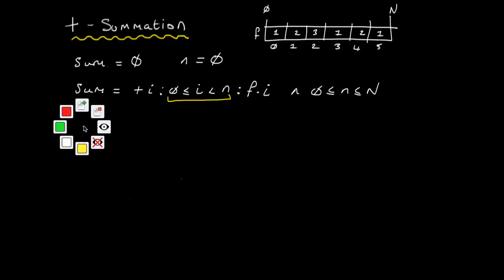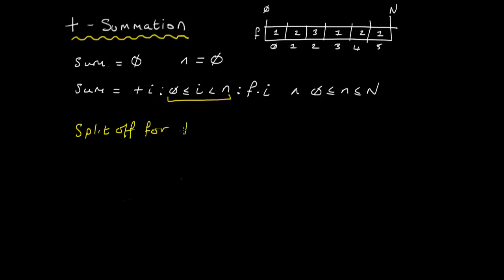So when we split off with a summation operation, we're going to get something like this. So we have sum is equal to plus I greater than or equal to 0, less than n plus 1, of course, because we're splitting off, and we have f dot I.